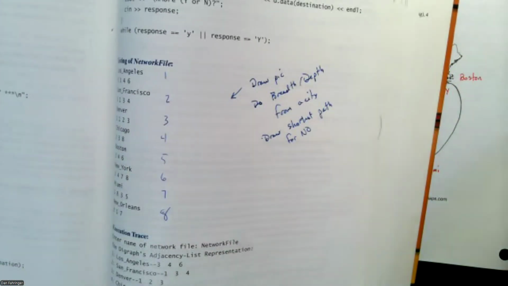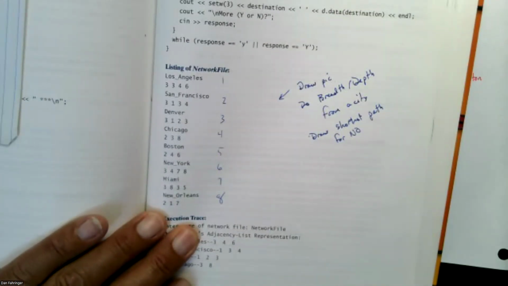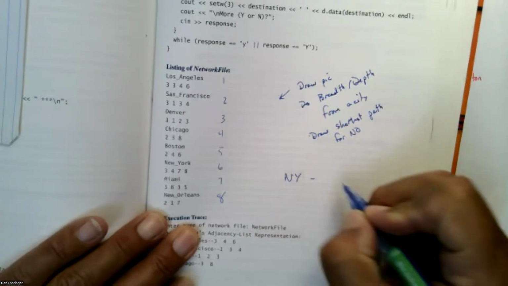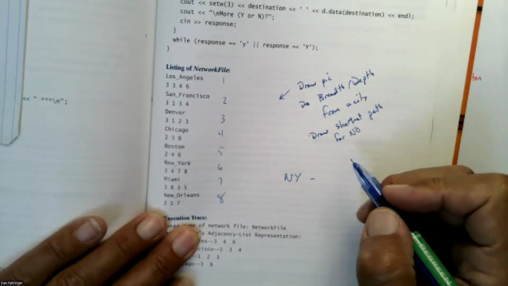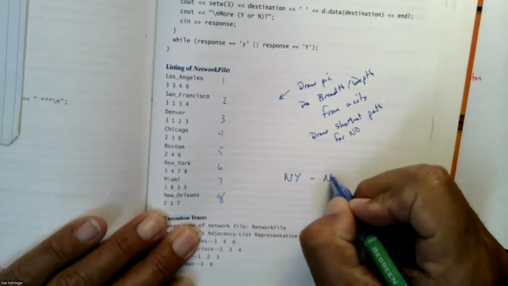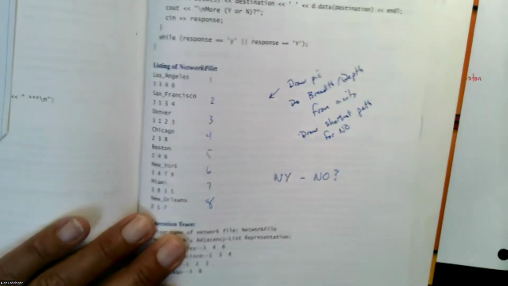For example, I would like to start at, I don't know, pick a city. Somebody pick a city. New York. And I would like to go where? Pick another city. New Orleans. My question to you is, what's the shortest path?